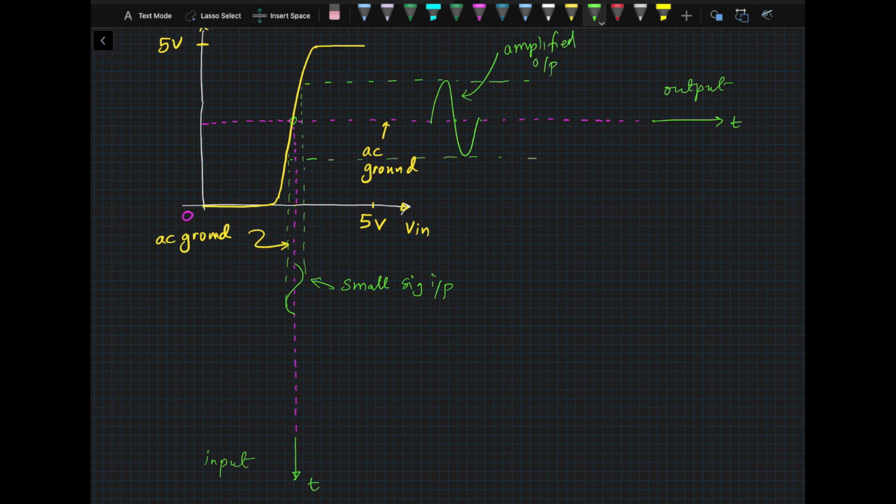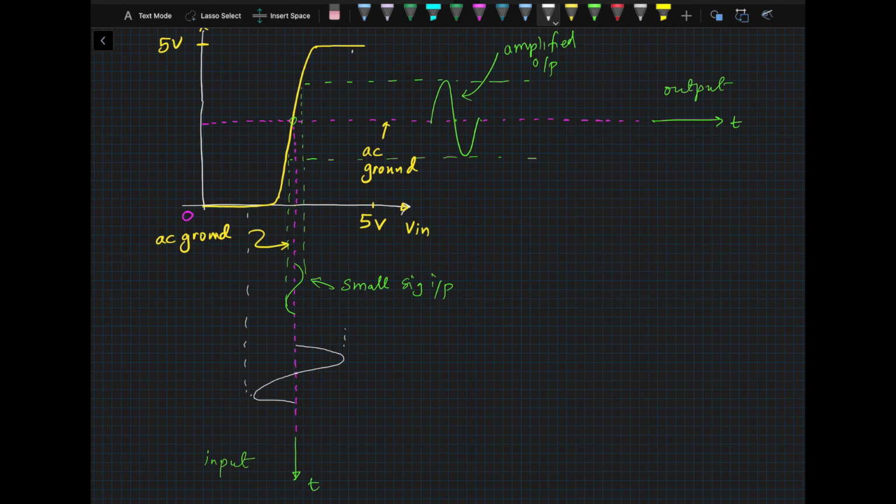Now let's say we apply a larger signal, then what do we expect? Let's say I apply the same frequency, but a large signal, something like this. Because if you look here, for example, it's all flattening out, right? So what do you think will happen?